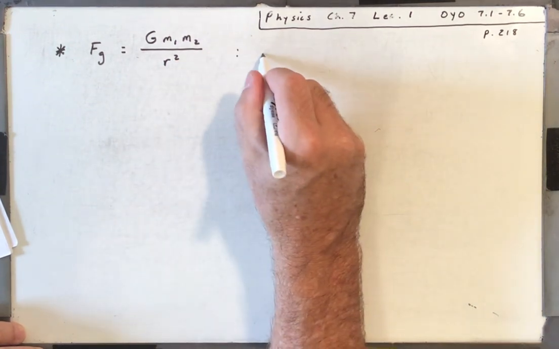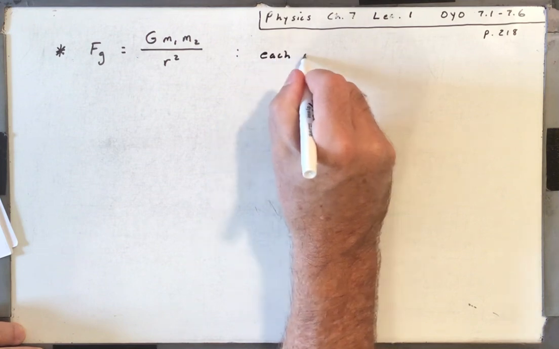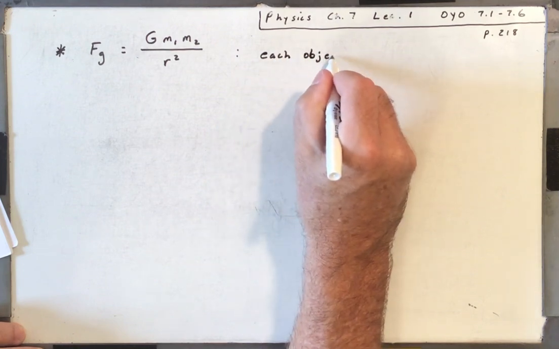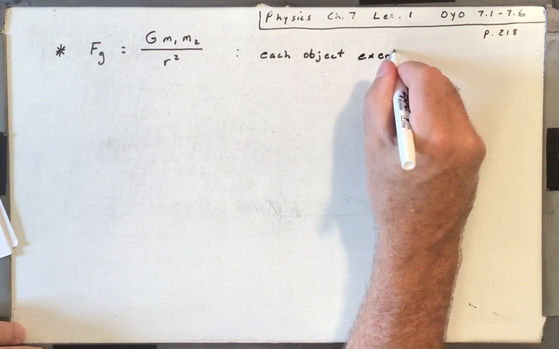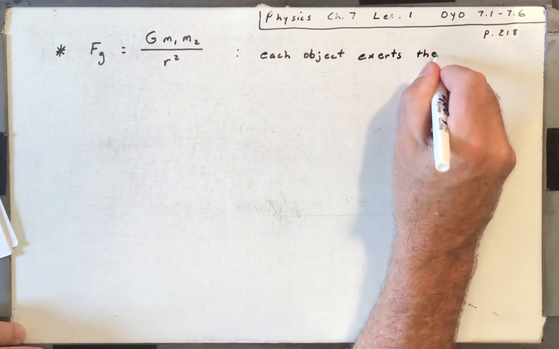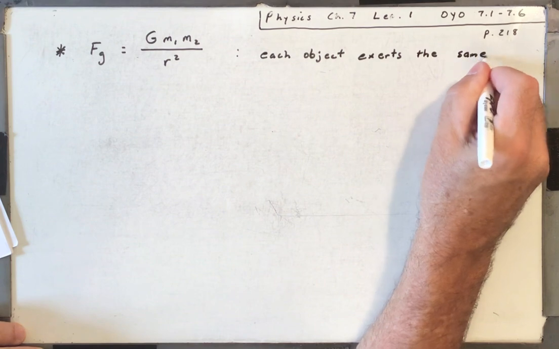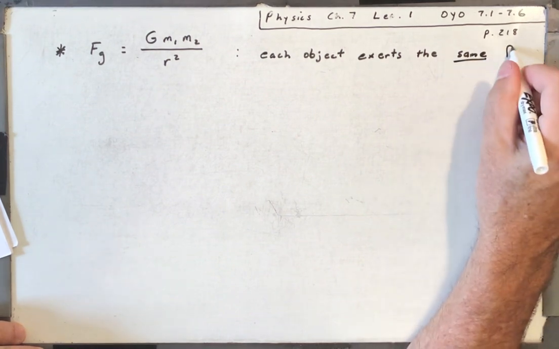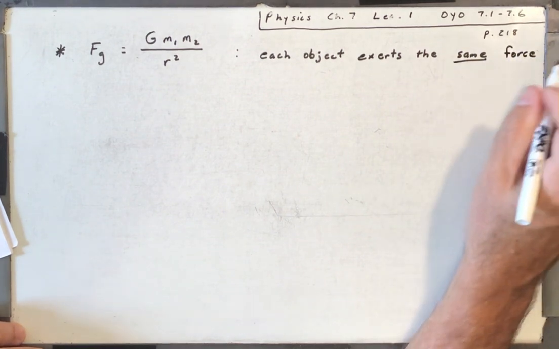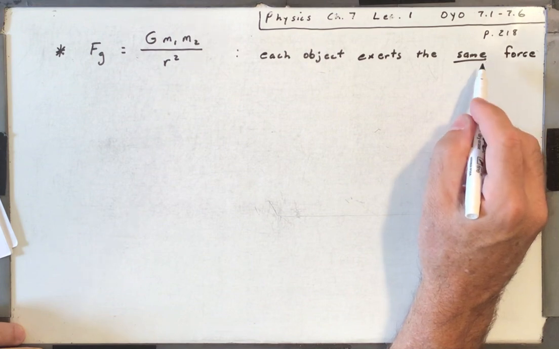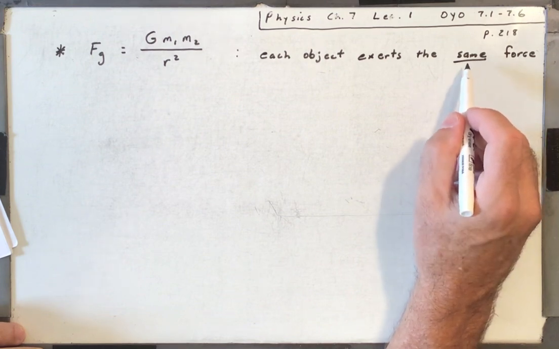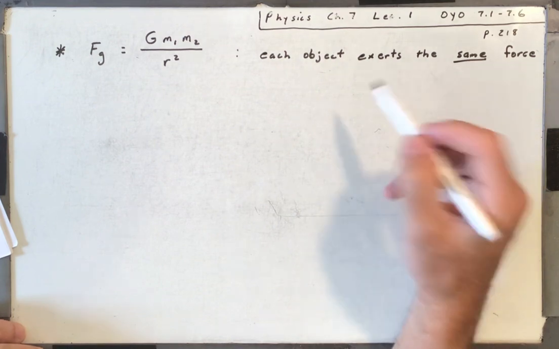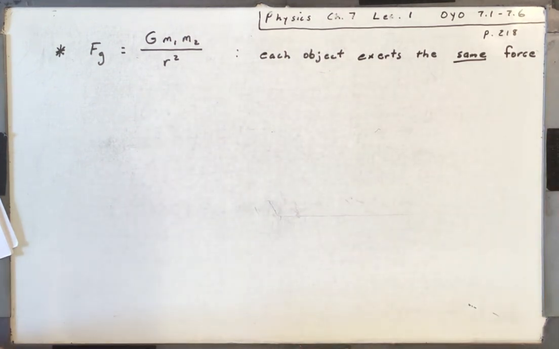Each object, both mass 1 and mass 2, exerts the same force. So even if one object is small and the other one is massive, they exert the same force on each other. There has to be two to tango here.